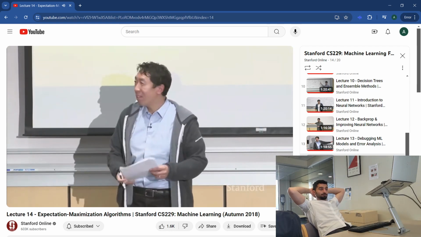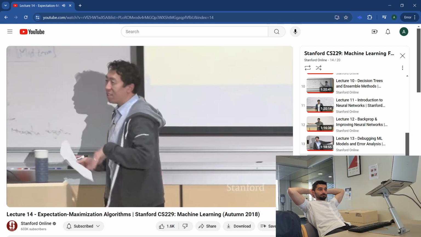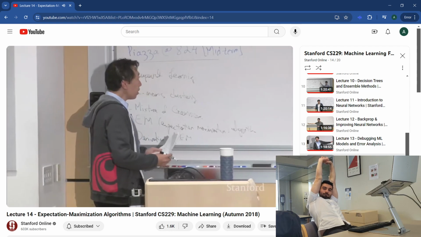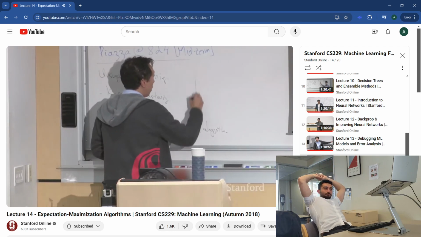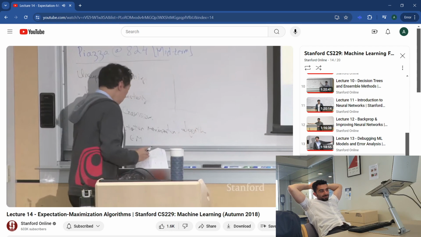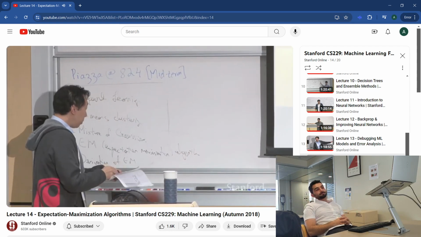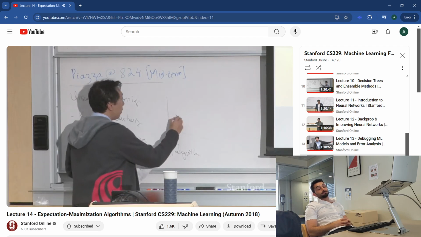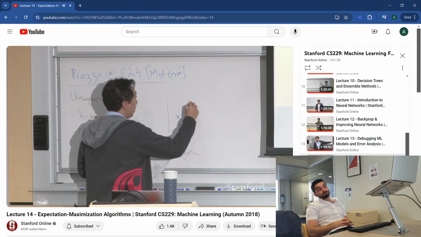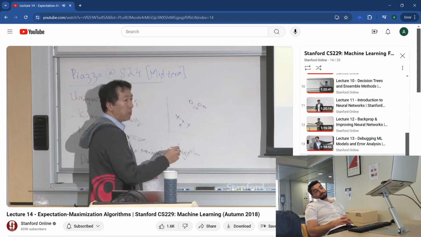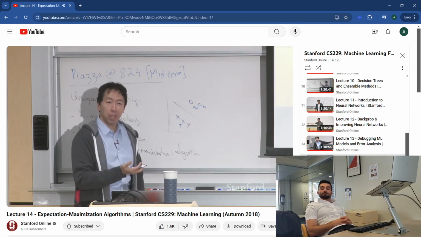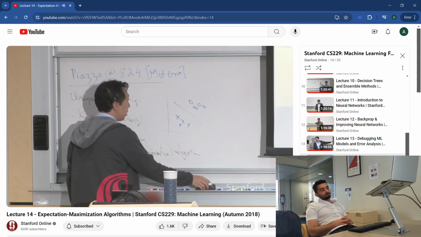All right. So what I'd like to do today is start our foray into unsupervised learning. So far, I've spent a lot of time on supervised learning algorithms, including advice on how to apply them, in which you have positive examples and negative examples, and you run logistic regression or an SVM to find the decision boundary between them.